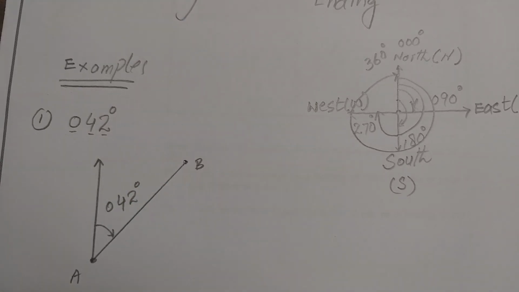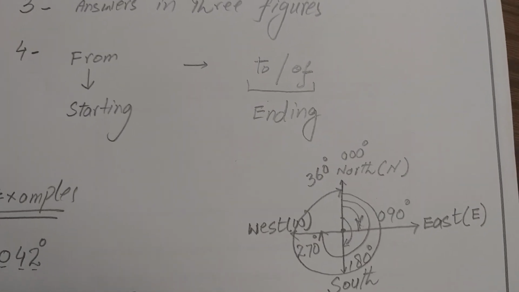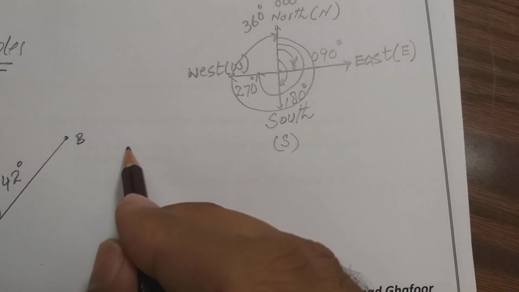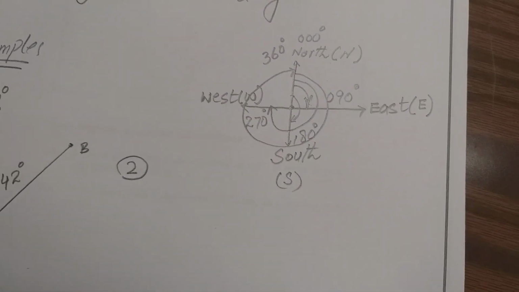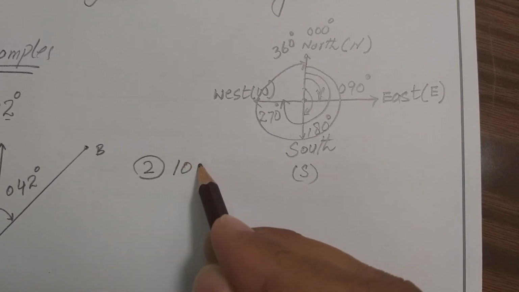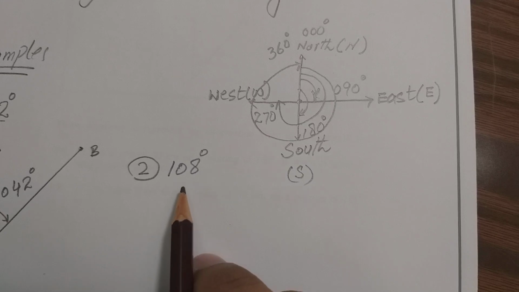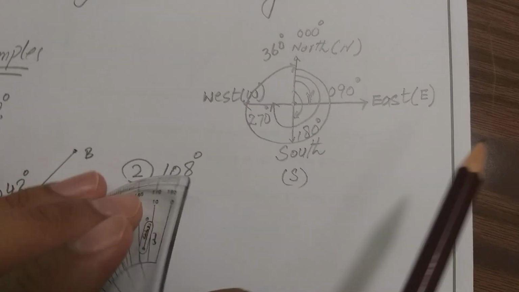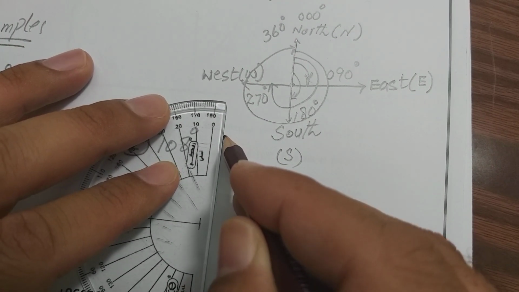We take one more example. Let's suppose I need to find the direction of 108 degrees. It is already in three figures, no need to put 0 before the number. So I draw the line, the north line.